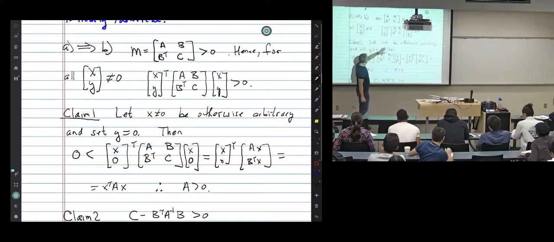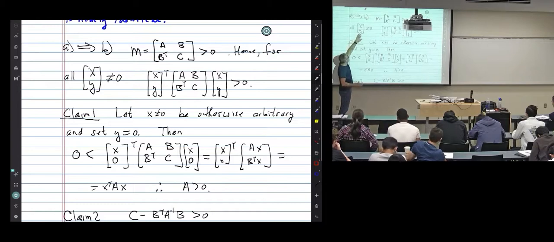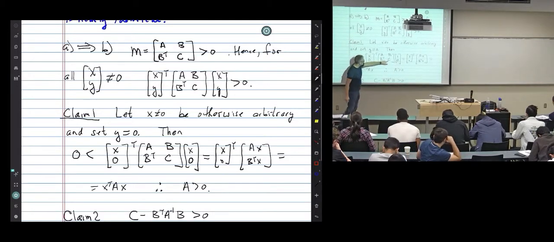I think it was super clear on this one. I just take x not equal to 0, and then when y is 0, I see that x transpose A x is positive for all x not equal to 0. So A is positive definite. When we go the other way around, I think it will get to the concern that you have. And then I take y arbitrary and a special x, and that's how I get the C minus B transpose A inverse B positive.